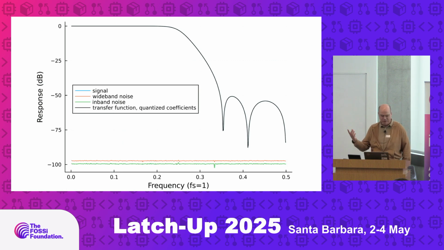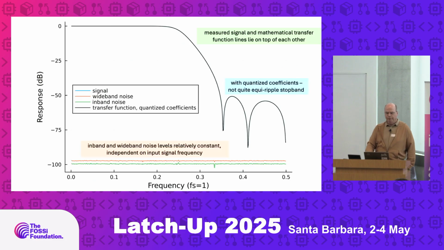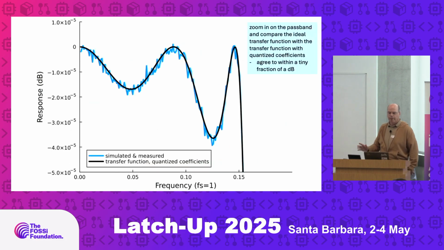I'm not cheating here. And these are just showing the in-band and wideband noise, showing that it's independent of the input frequency, which is what you'd hope for. So, okay, if we zoom in, this is to me kind of amazing. Down at the parts per million level, they match.